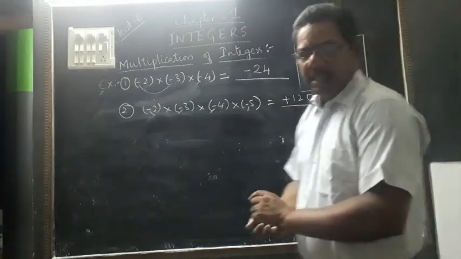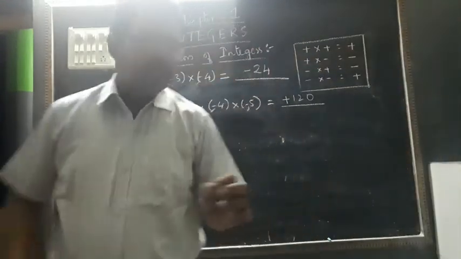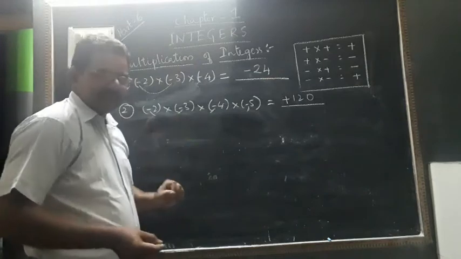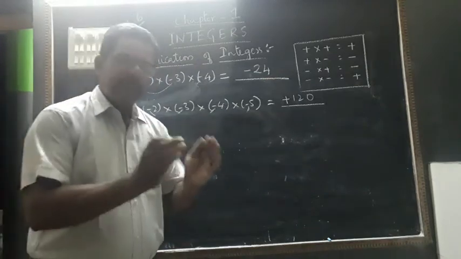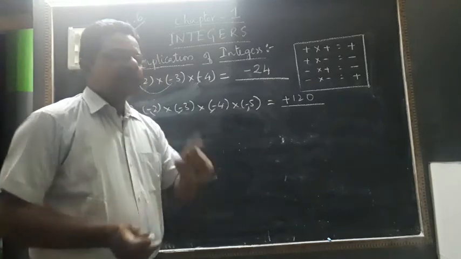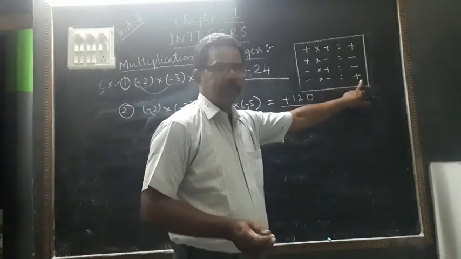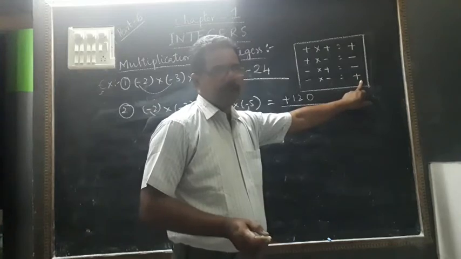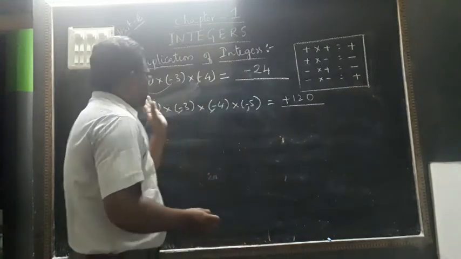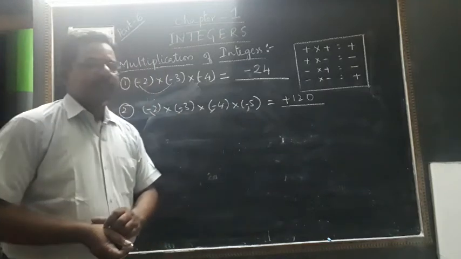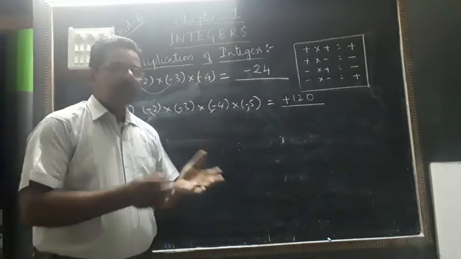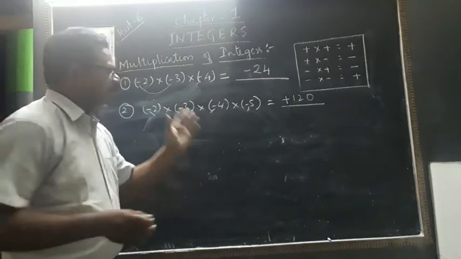That means if the number of integers is even, meaning 2, 4, 6, 8, like that, then you will always get a positive integer. The resultant integer is positive. Otherwise, if the number of integers is odd, meaning 3, 5, 7, like that.